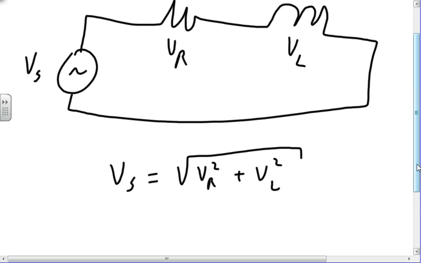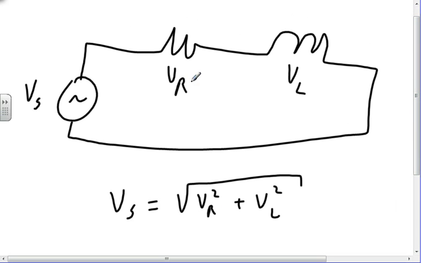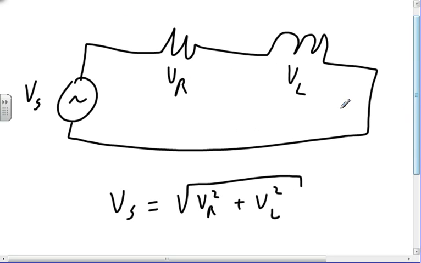Well, there's some impedance caused by this circuit. So this circuit has some resistance R and some X of L, which is the 2 pi f L. The resistance is at an angle of 0. The impedance is at an angle of 90 degrees.